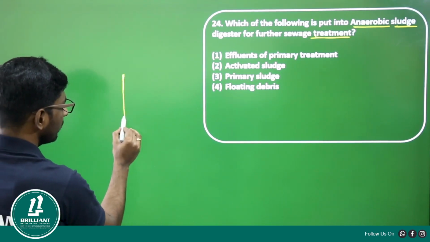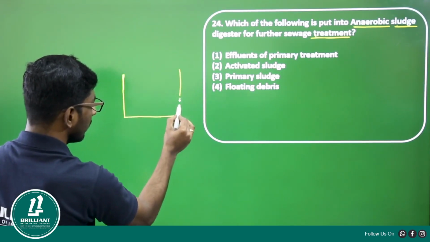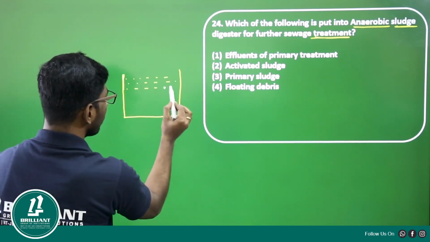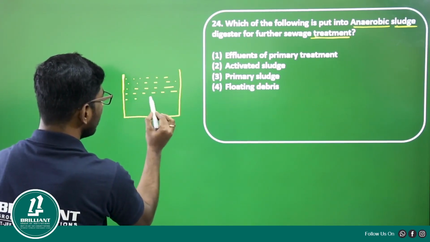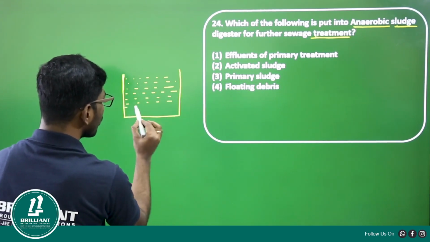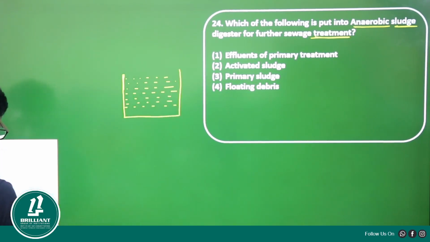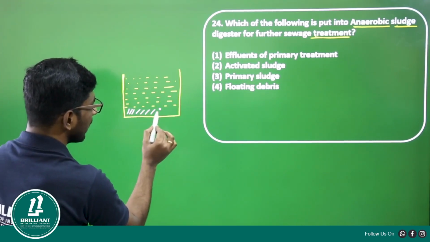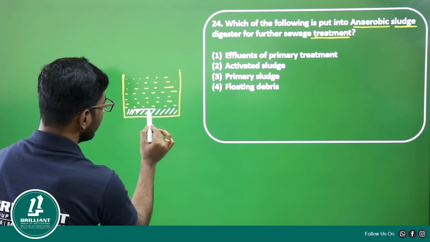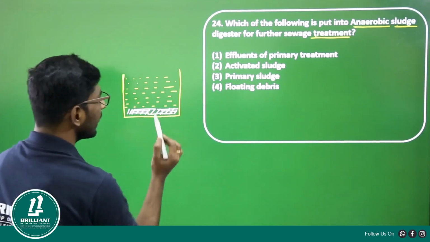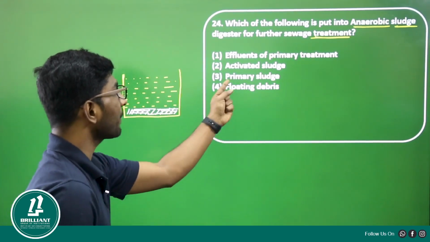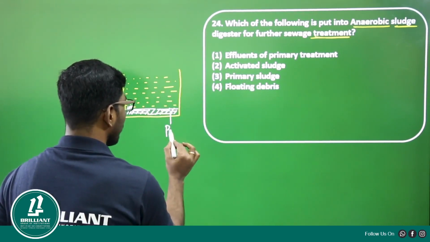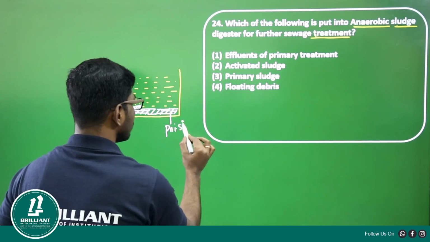After filtration, if we keep this water for some time, the solid particles settle down at the bottom of the tank. This solid is called primary sludge.